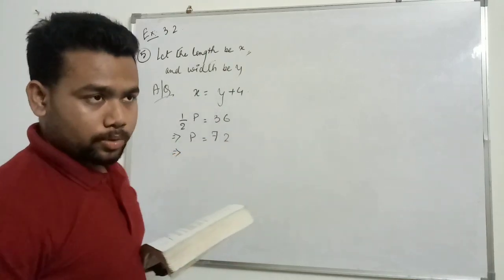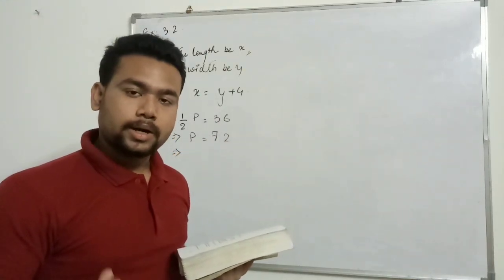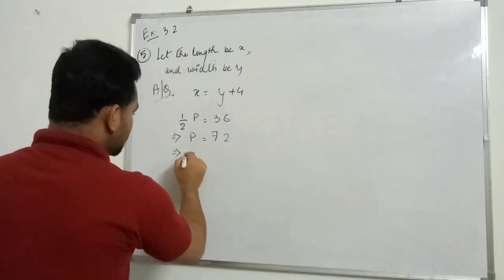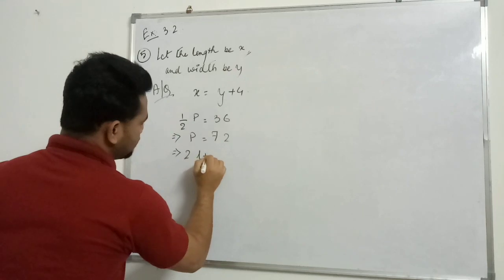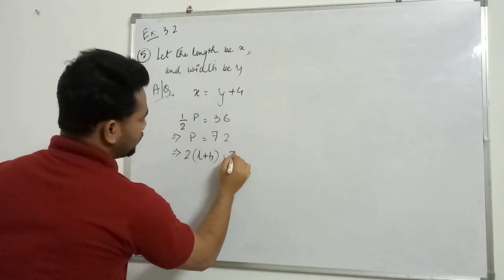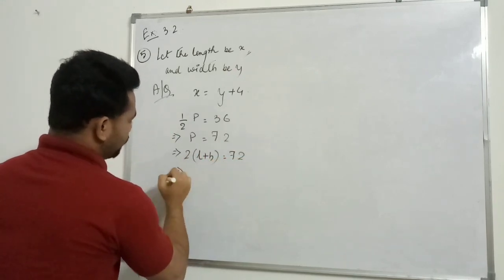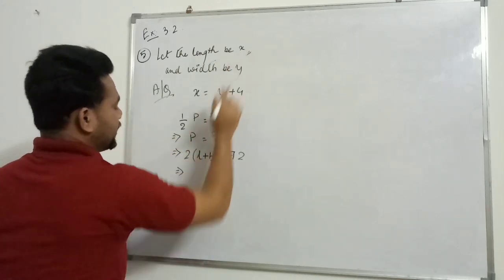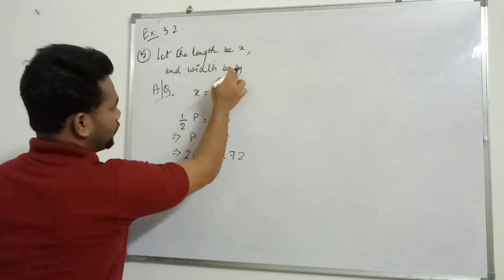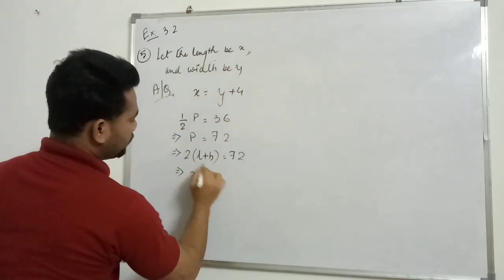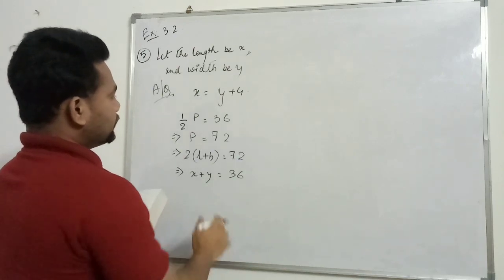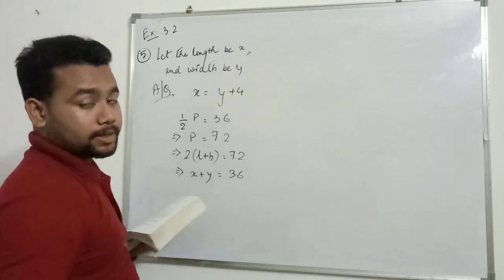But we know the perimeter of a rectangle is twice (L plus B), from our earlier classes. Now L is x and breadth is y, so you get x plus y as 36.